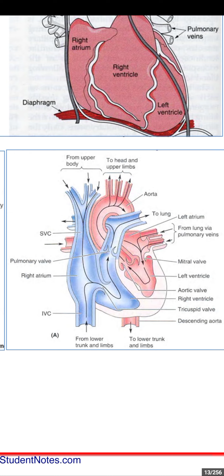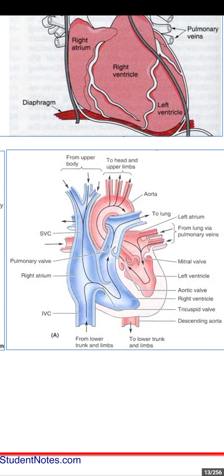So left common carotid artery, left subclavian artery, and brachiocephalic trunk. The left common carotid is in between the brachiocephalic and left subclavian artery. The left subclavian is on the left side, and the brachiocephalic trunk on the right side.